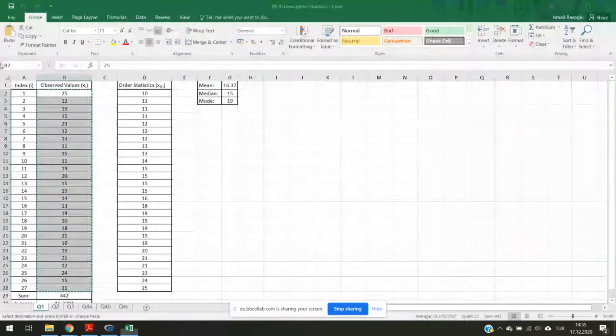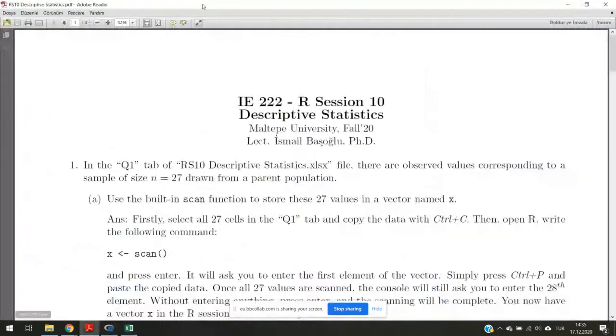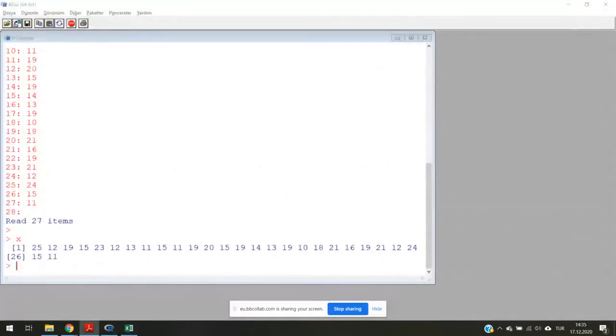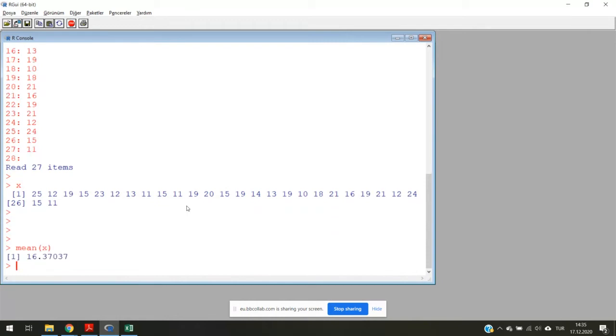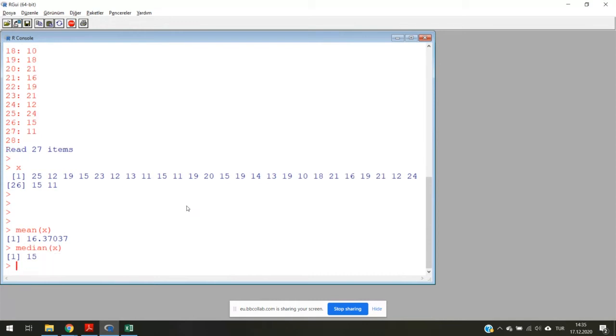Now in the following applications here, it is just going to ask us to calculate the mean of the vector, the sample mean, which can easily be calculated by this command, mean of X. You can calculate the median of this vector, which is 15.